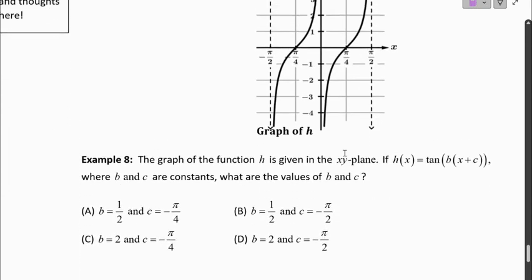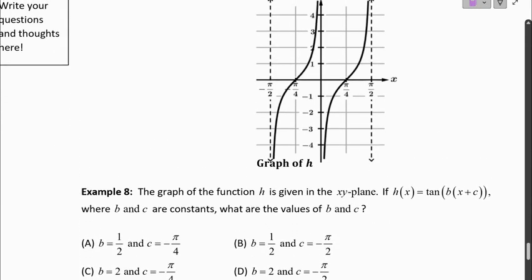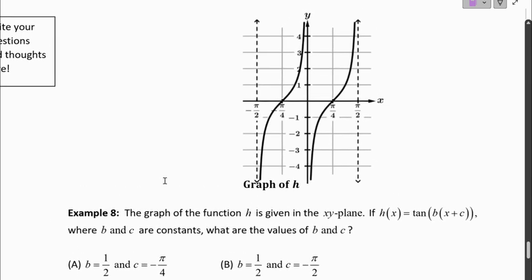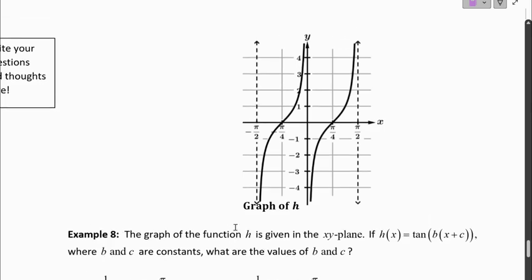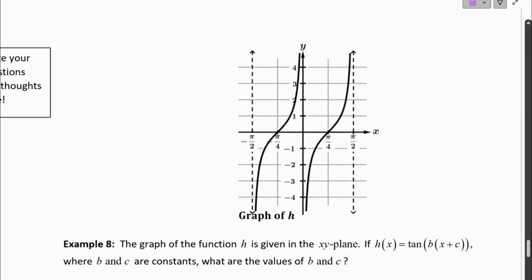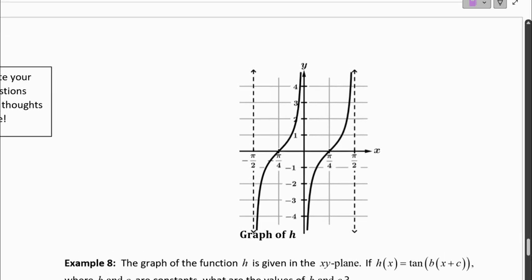All right, example 8. Now this is the last one. So here, function h is tangent b of x plus c. We got to find b and c. So again, for b, go vertical asymptote to vertical asymptote. Now, sometimes the vertical asymptote, if there's a shift, will be on the y-axis, which is what happens here.